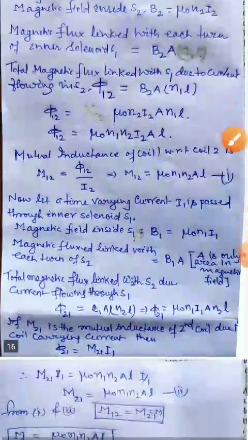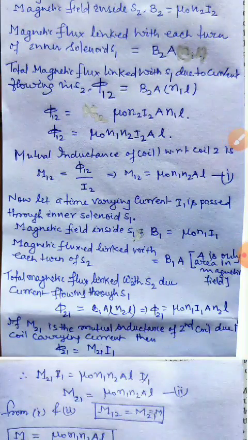Now we get phi 12 as mu naught N1 N2 I2 A into L after substituting the value of the magnetic field. Now the mutual inductance of coil 1 with respect to coil 2 is M12 equal to phi 12 by I2.